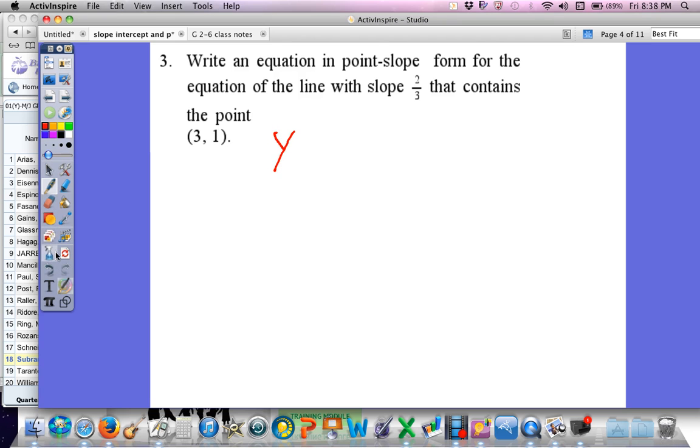So the point-slope formula is y minus y1 equals slope times x minus x1, where your x1 and your y1 are just your ordered pair of your first point.